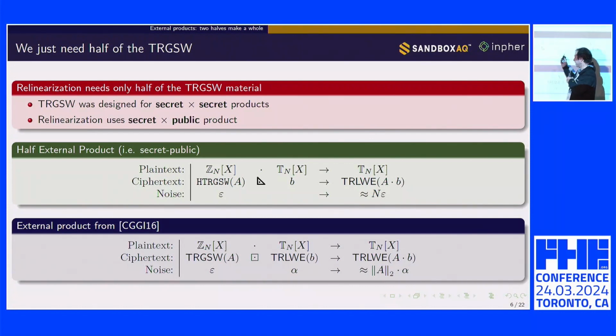Of course, this half external product contains half of the material of the original TRGSW ciphertext and takes half of the time. Now, if you look at it right in the eyes, I could also call it key switch because it's exactly the same thing. It's just that by calling it half GSW, we insist more on the morphism that is applied.